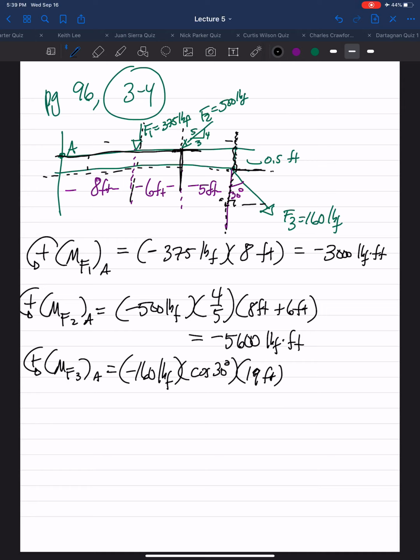Now, the horizontal component, I'll use a different color so it stands out. The horizontal component here, which would be the sine of 30, the B leg, right? That is causing it to rotate about point A in a counterclockwise direction, so positive. So here, at a new line, that's 160 pound force.